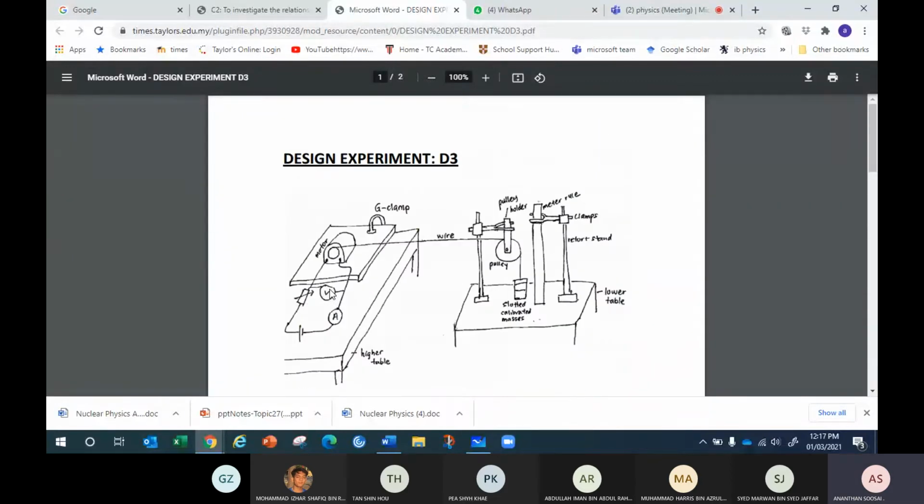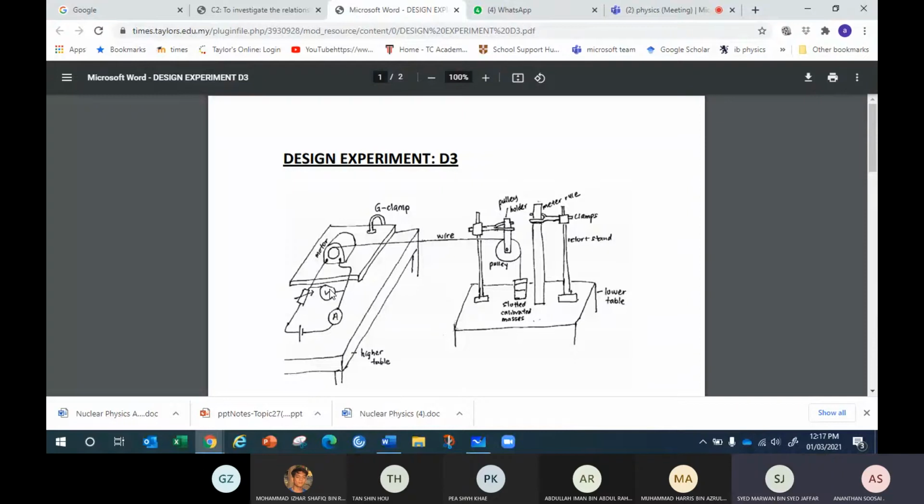Any questions? Can't we just let it cool down every time we do the experiment? Every time we do a different load, we let it cool down first. It's not wrong, but I never come across it as an answer in any mark scheme. Normally they maintain it by adjusting the rheostat.